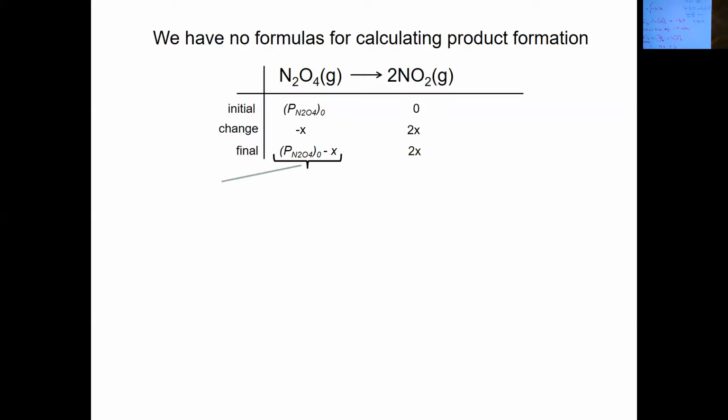How do I find the concentration of my reactant at some time later? Well, knowing this is a first order reaction, you solve the first order concentration time equation to find the concentration of your reactant at some time t.